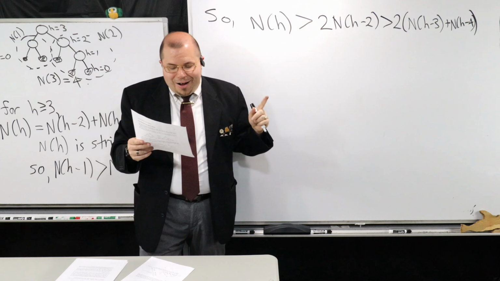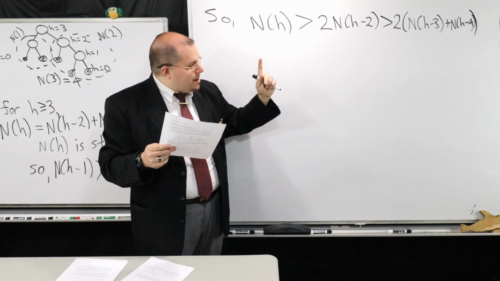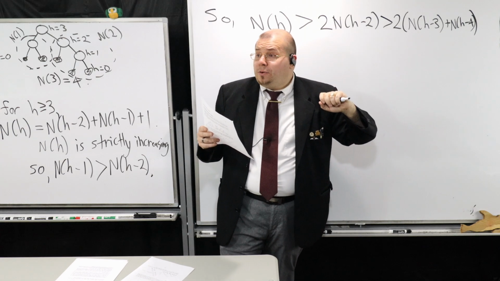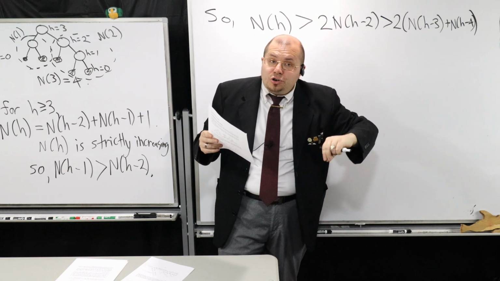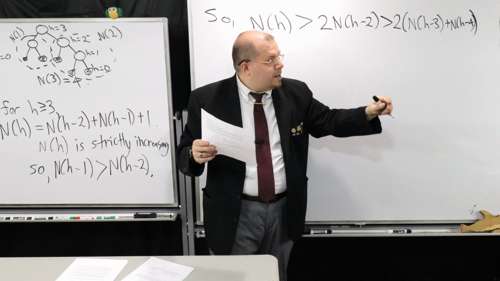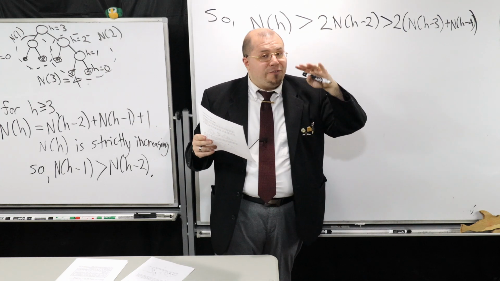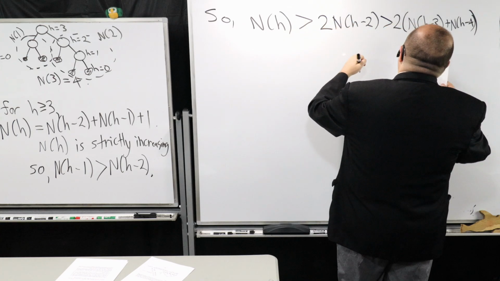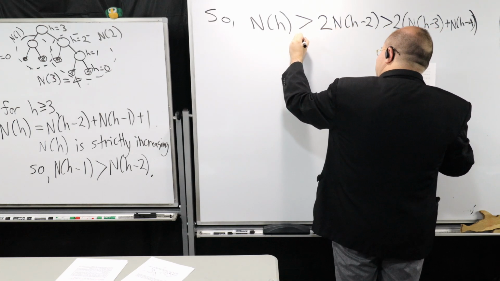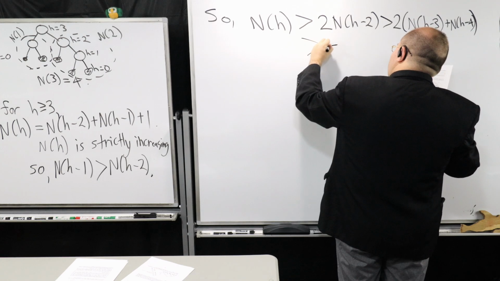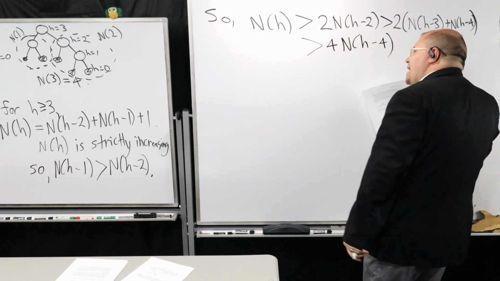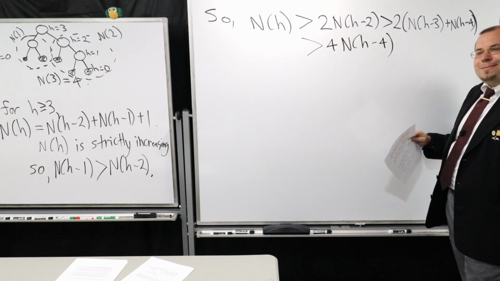Now I'm going to apply the same exact trick. Wherever I see n of h minus 3, I'm going to replace it with n of h minus 4. So that means I have 2 n of h minus 4 times 2, meaning I have 4 n of h minus 4. So I can replace this, and say that this is strictly greater than 4 times n of h minus 4. Do you see I can actually keep doing this?